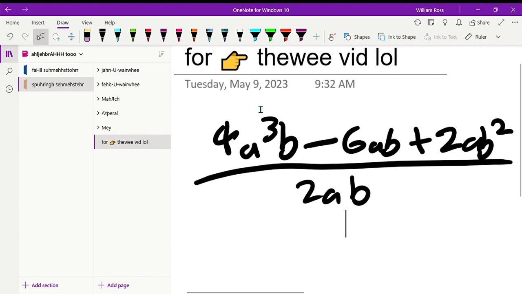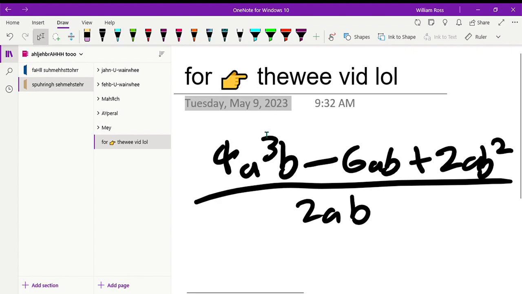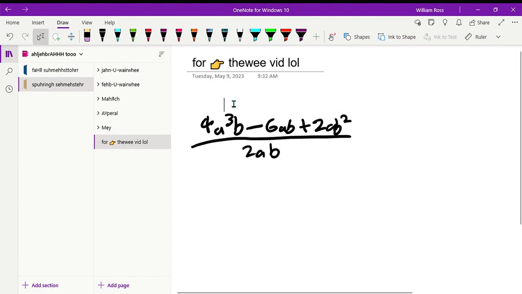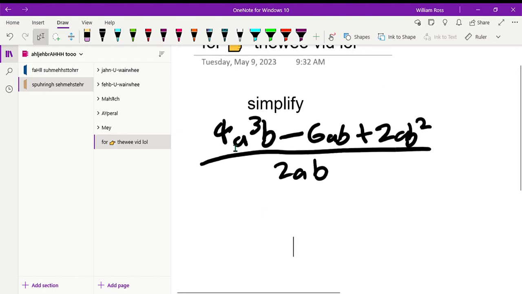So this right here is simplifying. So what we need to do here is divide all this by this, and how we're gonna do it, let's start off with dividing 4a cubed b by 2ab. So this is fairly simple.